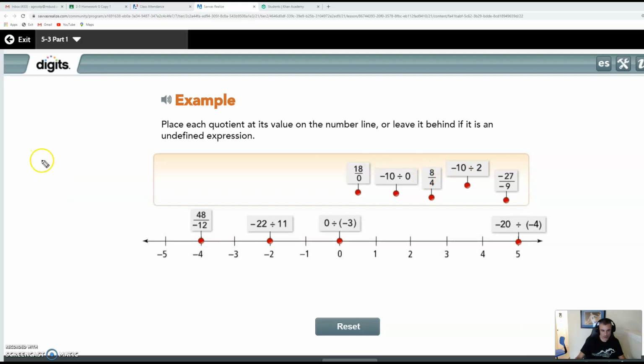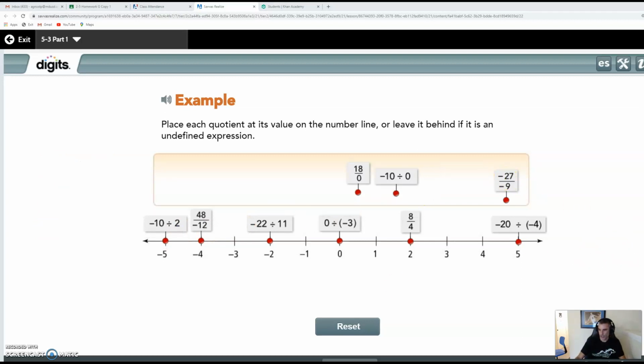8 divided by 4 is equal to 2, because 4 times 2 will give me 8, and they're both positive, so that's going to be positive. Negative 10 divided by 2: I have a negative divided by a positive, so it's negative, and 10 divided by 2 is 5.